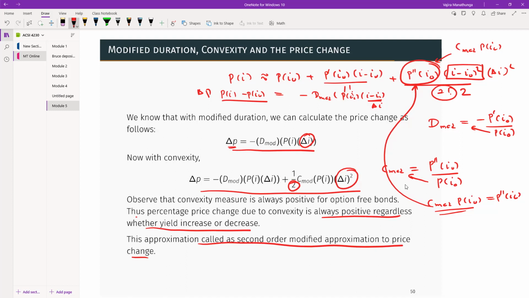We had the first order modified approximation, because we are using only the first derivative. This is second order. So you can actually build it more and more. You can have a third order approximation if you want, but at some point you have to decide that's good enough for me, and then you can stop there.